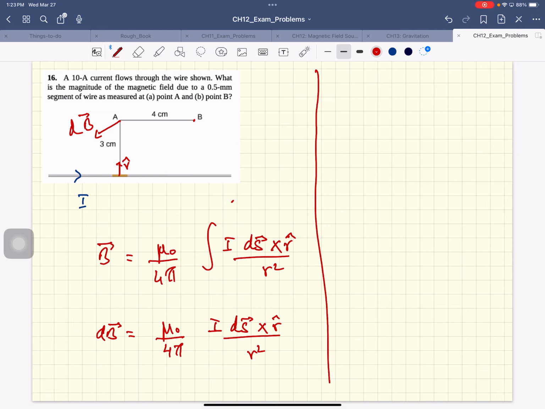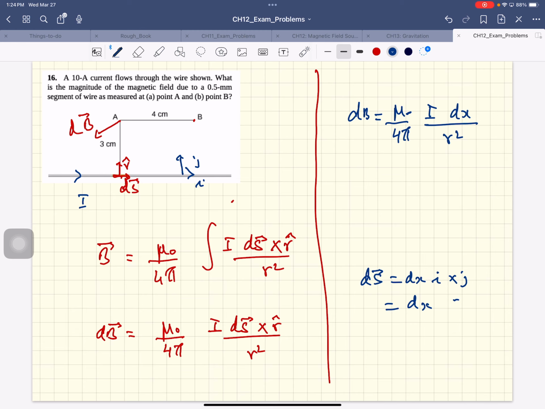There is ds, and ds cross r hat would be a vector coming out of the plane. So dB is mu naught over 4 pi, I dx over r squared. ds is dx times I, a vector in this direction, and r hat is a vector in the j direction, so it's dx k cross j.